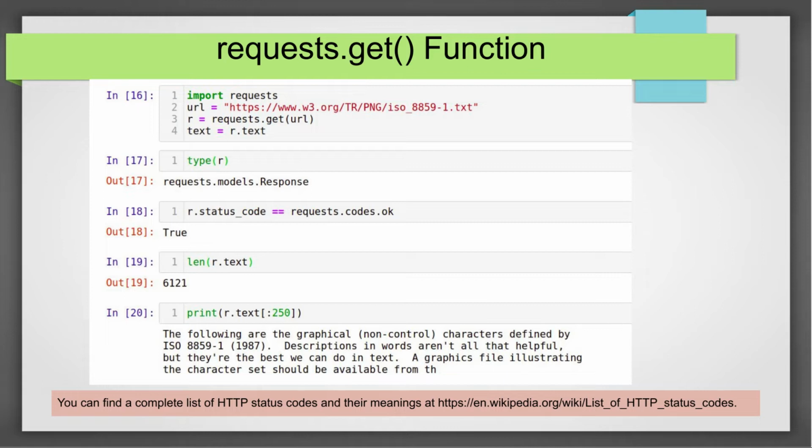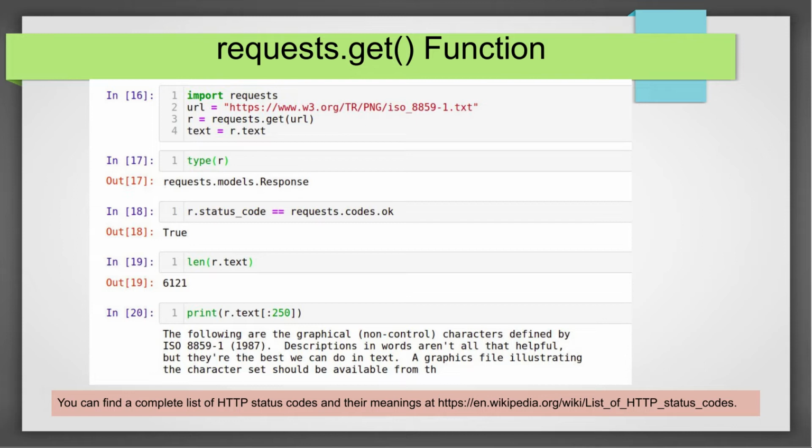The URL goes to a text web page. You can tell that the request for this web page succeeded by checking the status_code attribute of the response object. If it is equal to the value of requests.codes.ok, then everything went fine. The status code for OK in the HTTP protocol is 200.